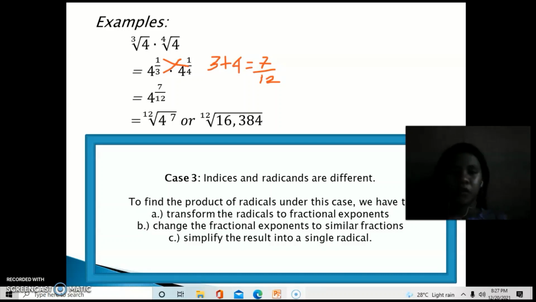If we're going to transform this one, because it is raised to 7, we're just going to multiply 4 by itself 7 times. So 4 times 4 times 4 times 4 times 4 times 4, so we have 16,384.